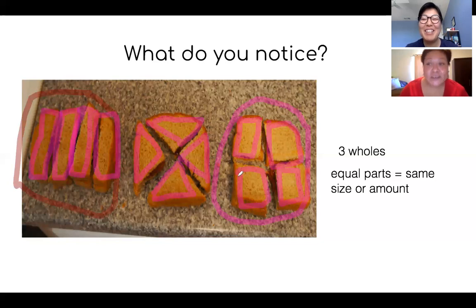Explain to me. Sure. So if you look at the first sandwich, all of the rectangles have the same amount. The second one has the same amount of triangle sandwich. And the third one has the same amount of square sandwich.